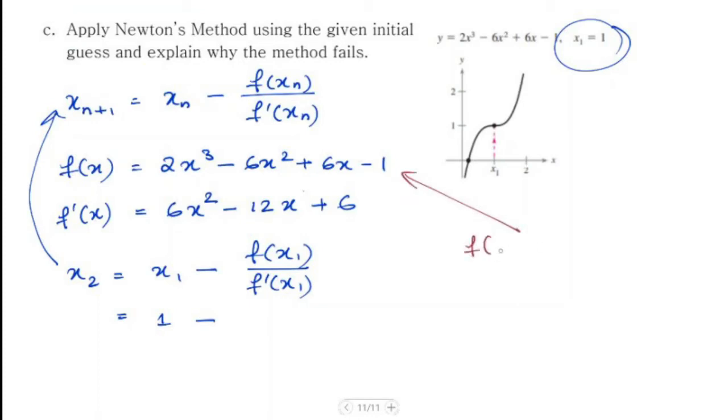For f of 1, we get 2 times 1 cubed minus 6 times 1 squared plus 6 times 1 minus 1, and that will be 2 minus 6 plus 6 minus 1, and that's equal to, so this gets cancelled, 2 minus 1 is 1.